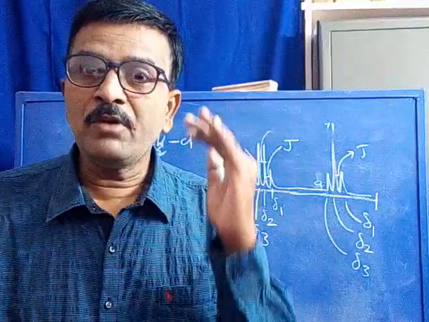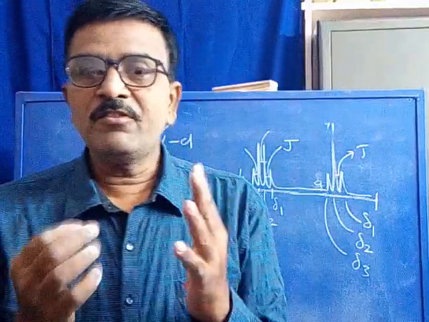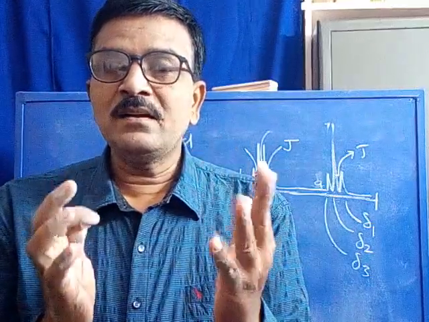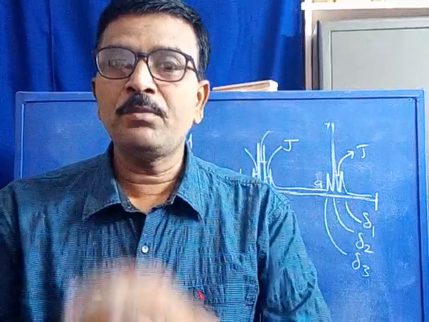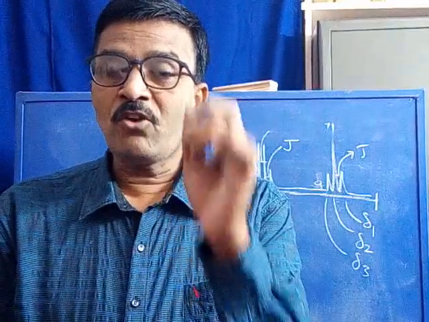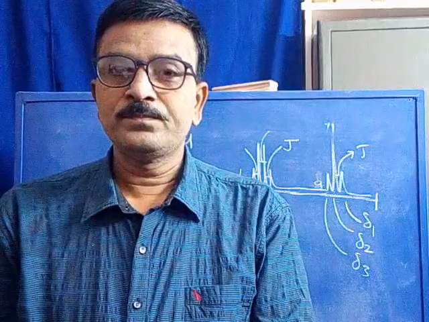Now the value of the coupling constant, how much is the J value? The value of the coupling constant always depends upon the extent of coupling interactions between the nuclei, or between the protons. If the protons are strongly coupled, the J value is more.